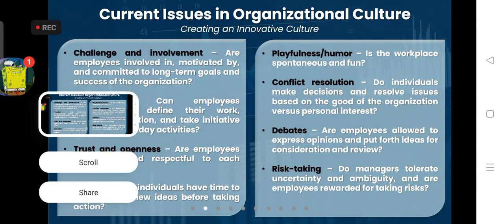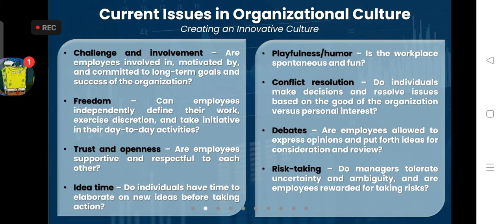So let's have here chapter 2.4, which is the current issues in organizational culture. Before we tackle the organizational culture constraints and challenges, I will be discussing the current issues in organizational culture. Let's look at how to create an innovative culture.